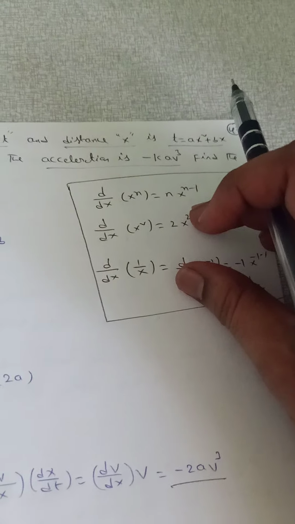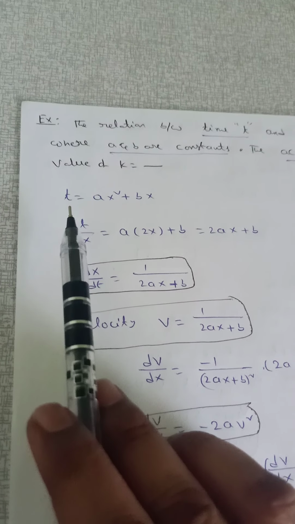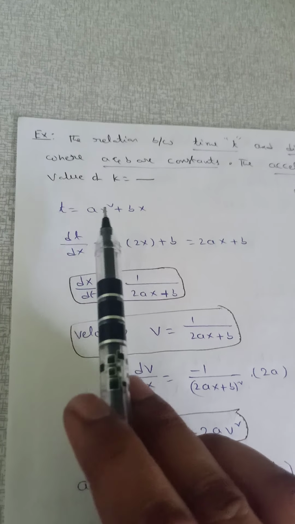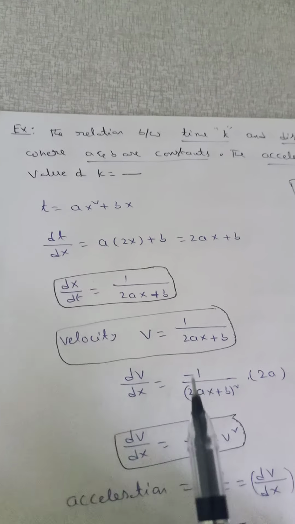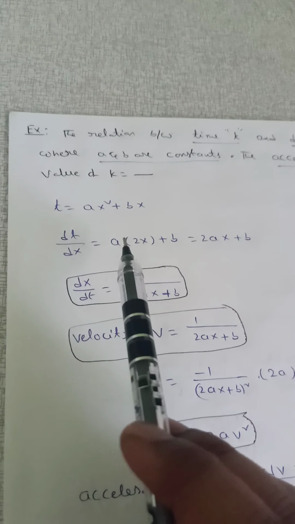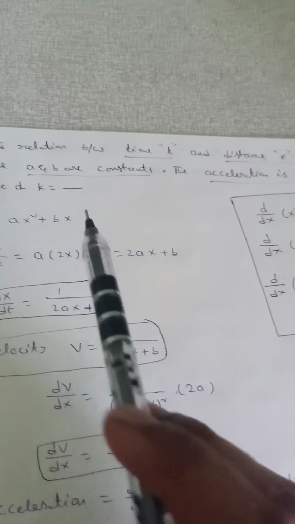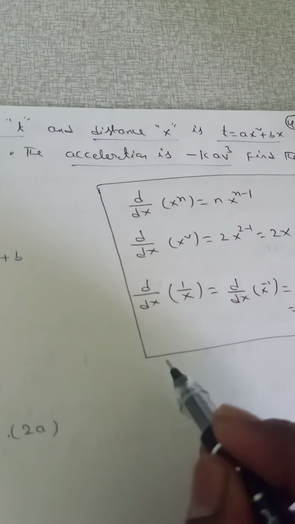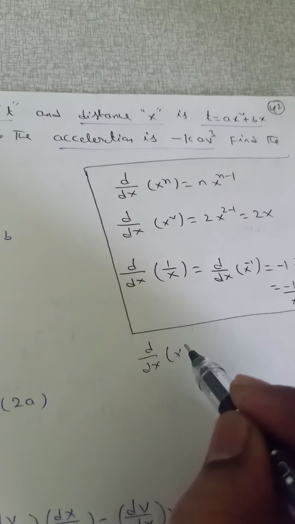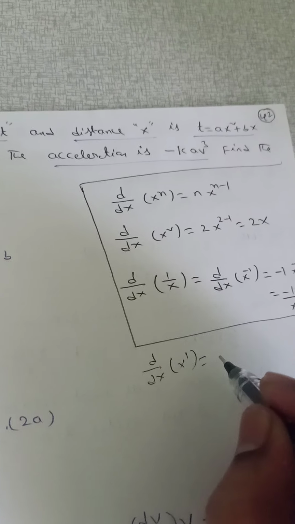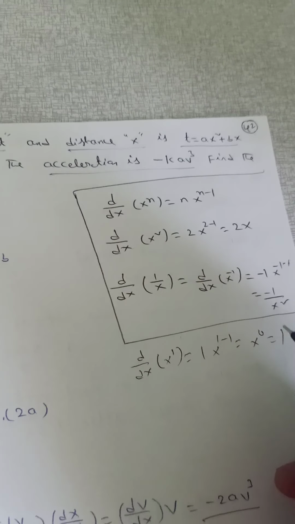Using these two formulas on that problem, the relation between time and distance is t equals a x square plus b x. Differentiate with respect to x: dt by dx equals a into the derivative of x square, 2x, plus b into the derivative of x, which is 1 into x power 1 minus 1, x power 0, that is 1.